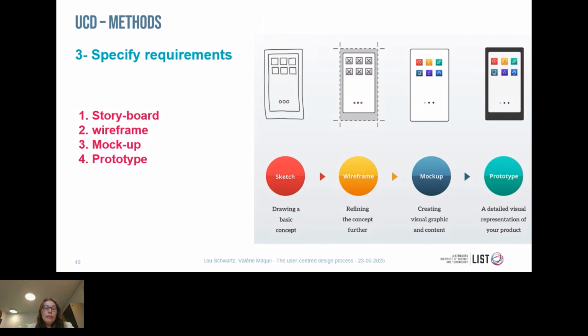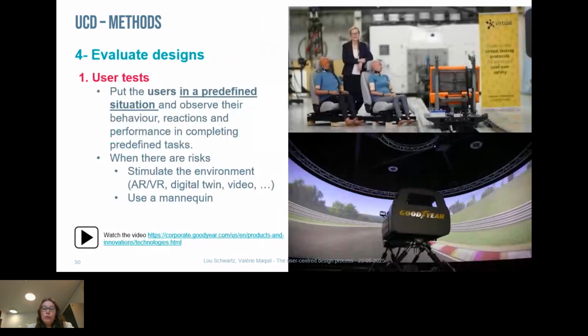To evaluate the designs, think about user tests. A user test is when we ask real people to use our product or design while we observe them. We give them specific tasks to complete and watch how they interact, noting what works well and where they struggle.